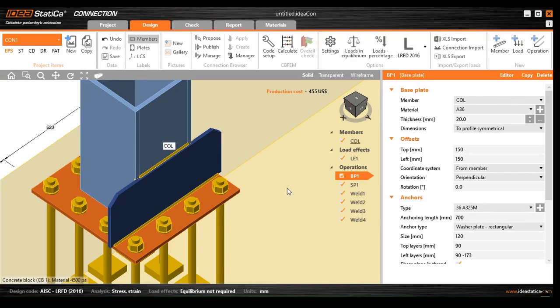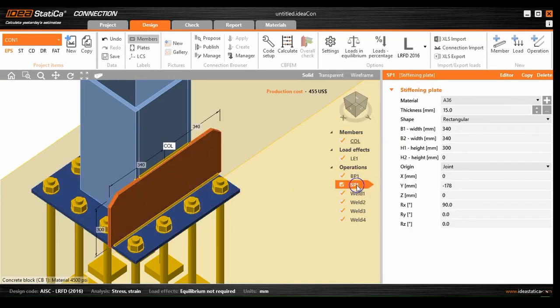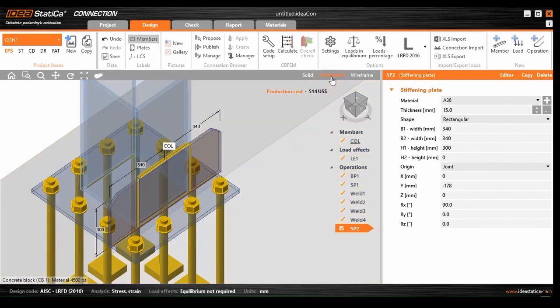Create a copy of SP1. Go to transparent mode again and change the value of Y to 177.5 millimeters. Now you see the new plate is in the right position.